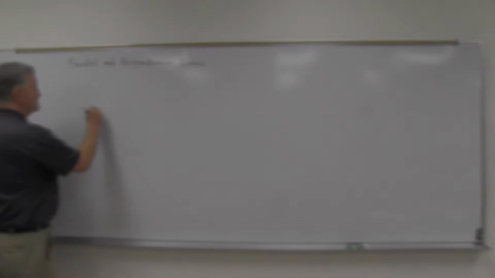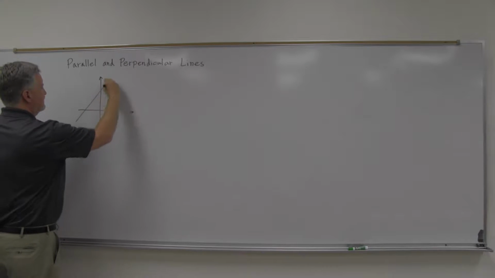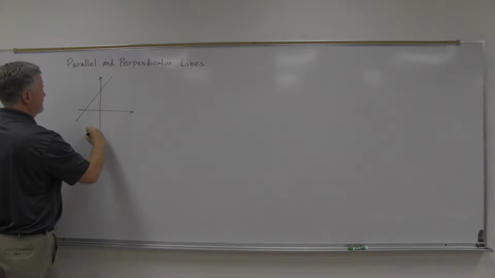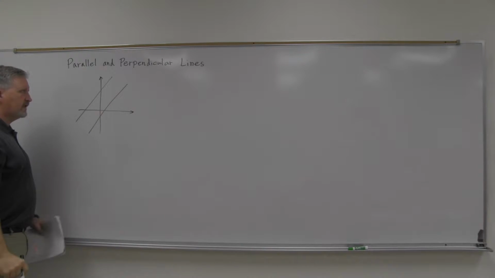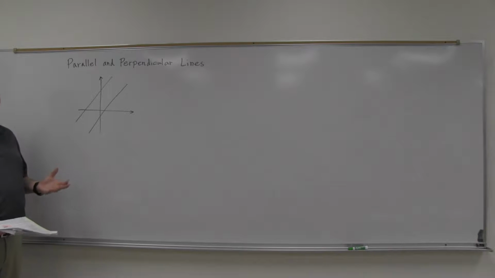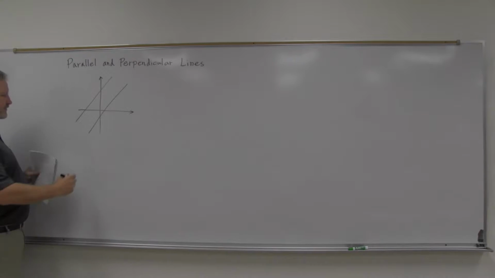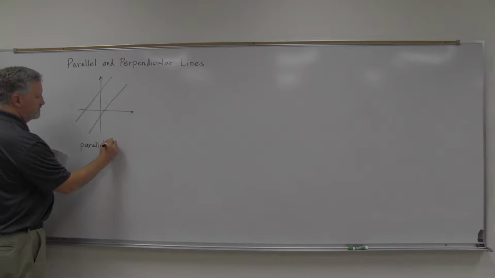The easiest of those two is the parallel one, because parallel lines just means they never intersect on an XY plane. And so, of course, they're both slanted the same way, and so parallel lines are going to have, how is their slope going to be related? Same slope, yeah. So parallel lines have the same slope.